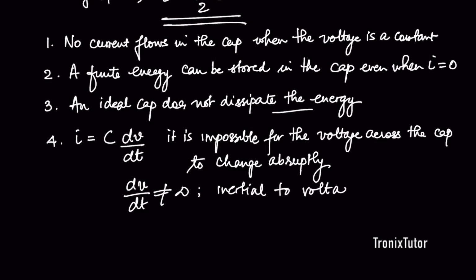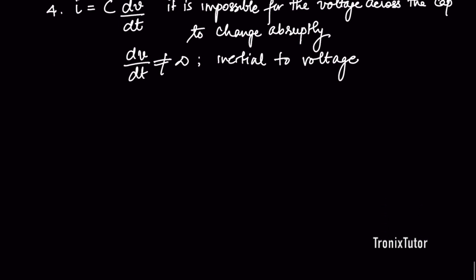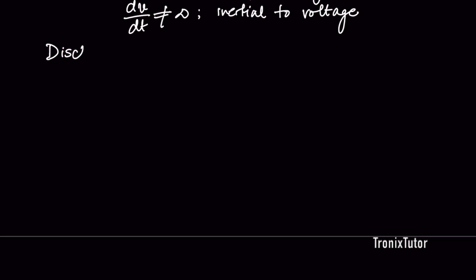The voltage across the capacitor will have to change gradually, and therefore when you put a capacitor in a circuit, we expect the capacitor to slow down changes in voltages across the nodes it has been connected to. So now let's try and look at the charging process of the capacitor.